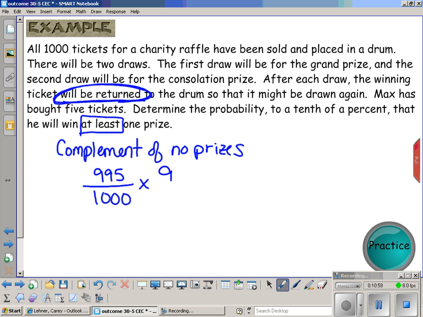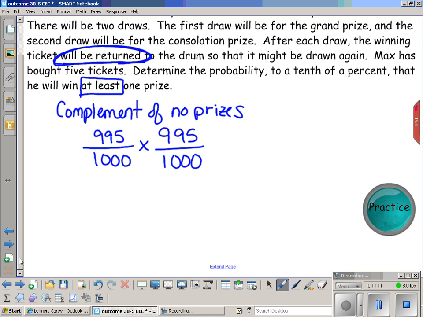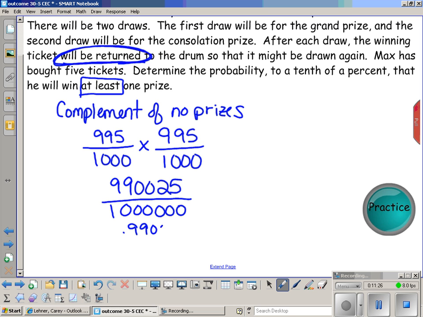So there are still 995 tickets out of 1,000 that are not his. So when we multiply this together, we get 990,025 out of 1,000,000, which is 0.990025.